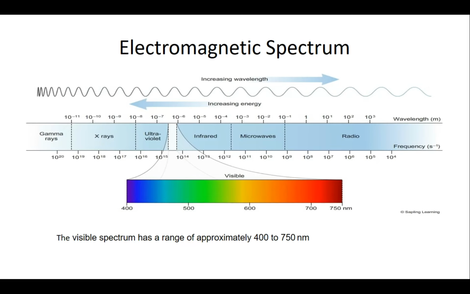Radio waves are especially used in radio frequencies. Microwaves are used in the microwave oven that cooks your food. Infrared light is used in remote controls and in heat-sensitive meters. The visible range is the light that you can see with the naked eye, the different colors visible to the human eye.